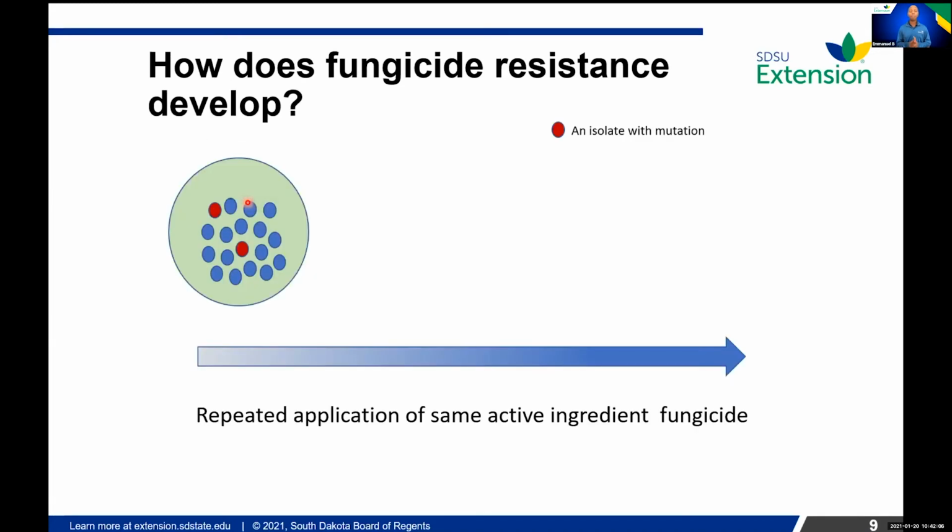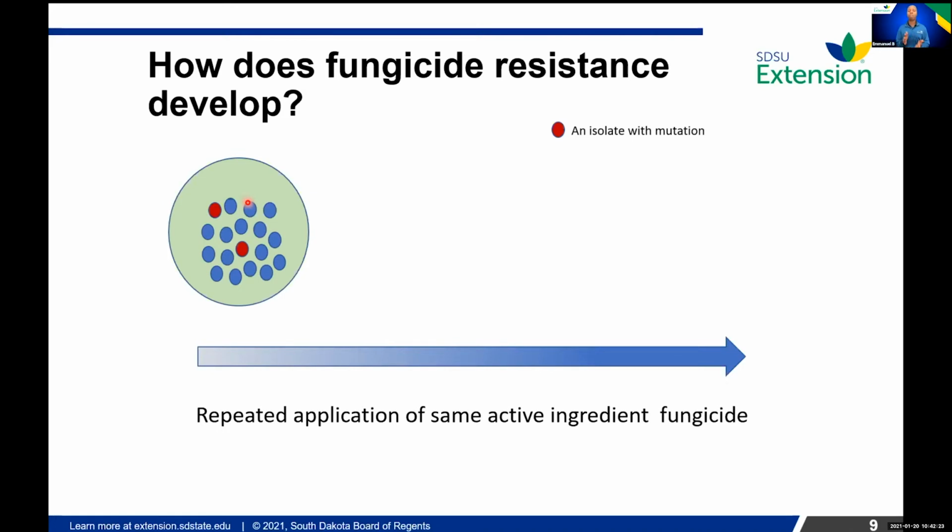So unlike what is believed out there to be the cause of fungicide resistance, applying a fungicide in itself does not cause resistance. Rather, it selects for certain fungal isolates to survive more.